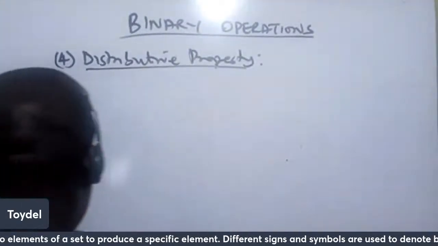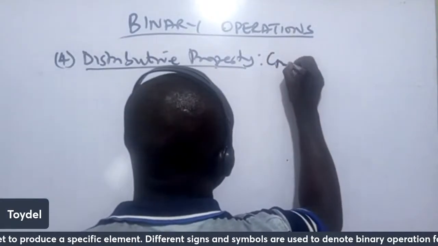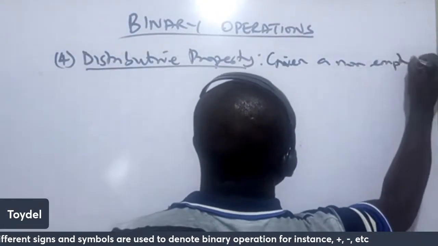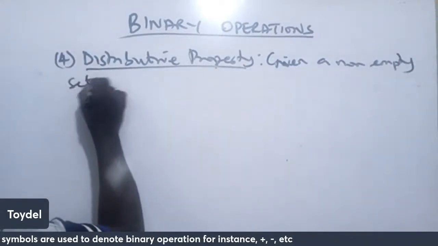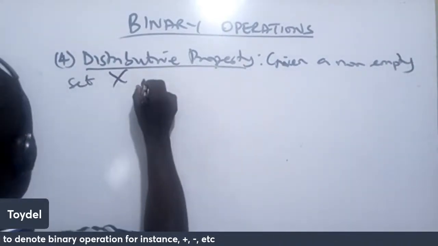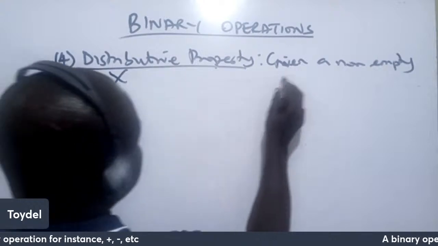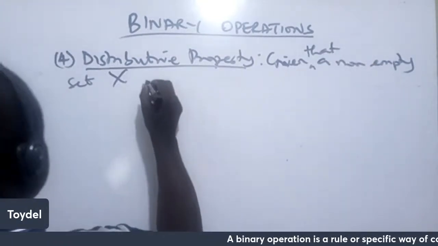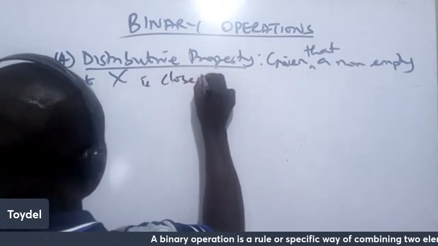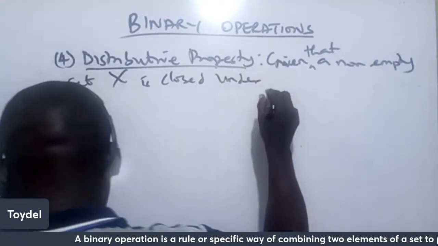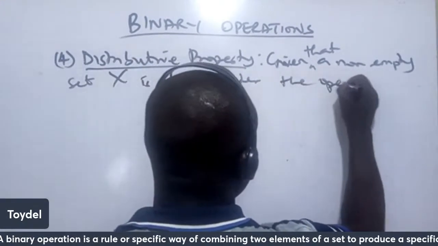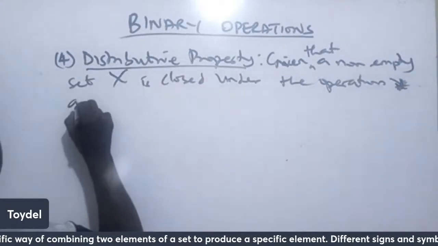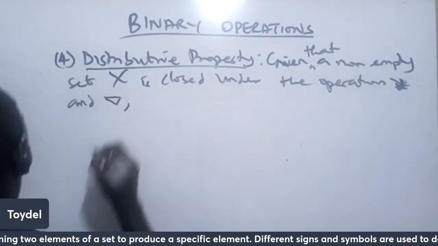Let's say we are given a non-empty set X, given that X is closed under the operation asterisk, and let's say an inverted triangle.